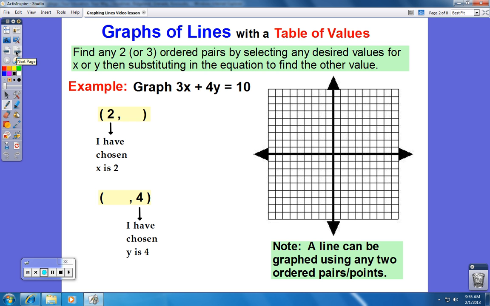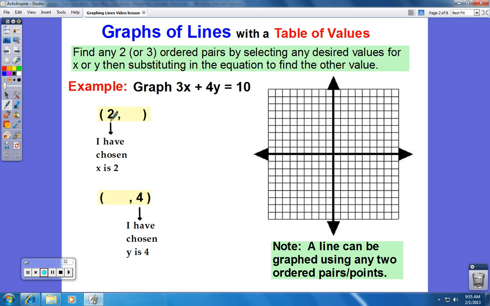Using a table of values, what we do is we actually get to choose a number that we can substitute into either x, in this particular case right here, or into y. Notice that what we're going to do is graph the line 3x plus 4y equal to 10 by determining 2 ordered pairs or 2 points.